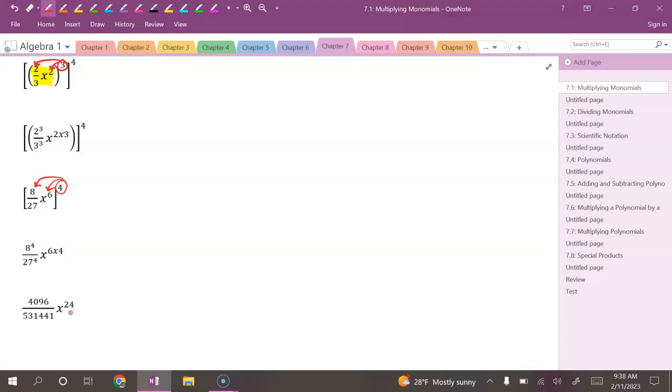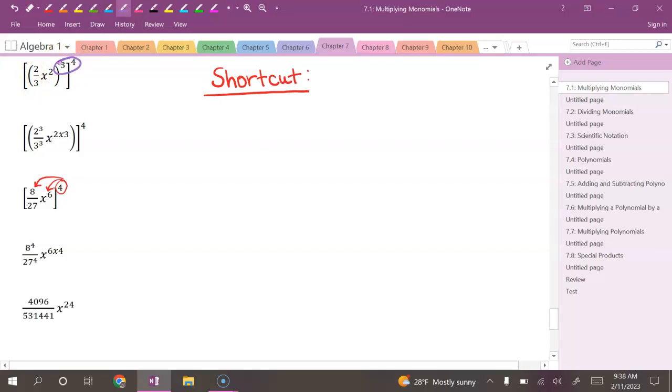Now, here's a shortcut that I've had some students discover, and it really seems to work well for some. So I am going to just kind of explain that, and if this works well for you, you are welcome to use it on your own. The thing that students do on the shortcut is they look at what they had originally over here with those exponents on the outside. So they had that 3 and that 4.